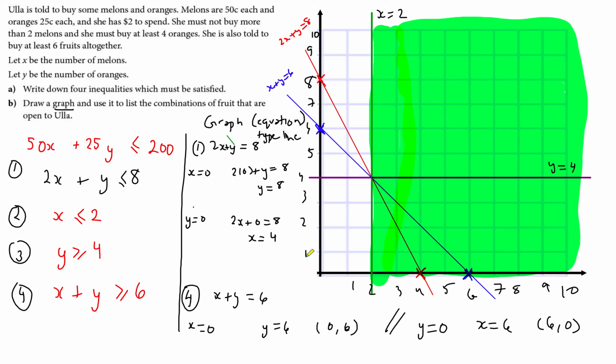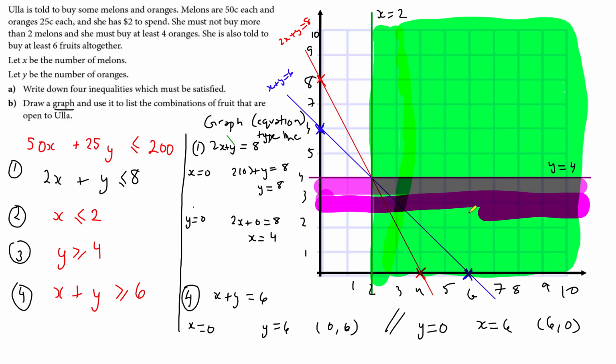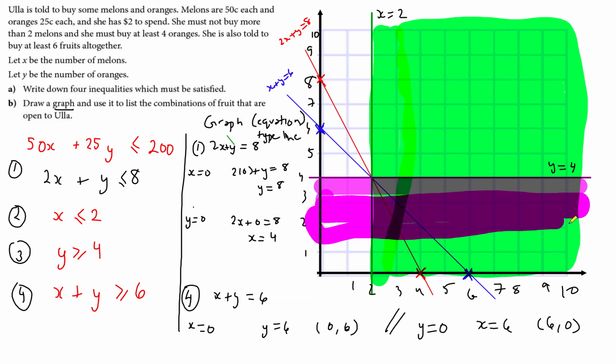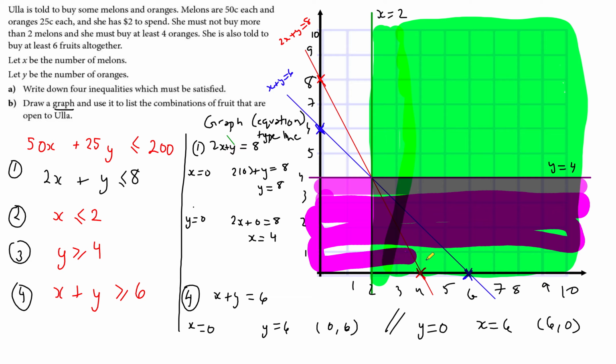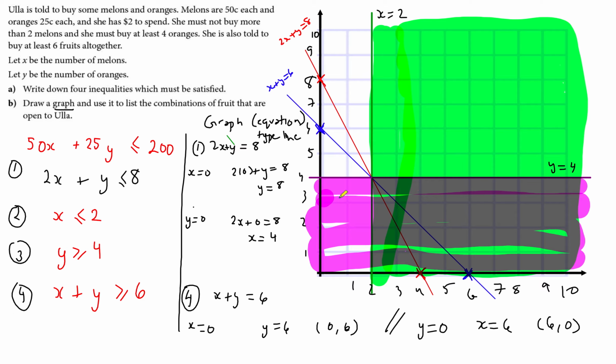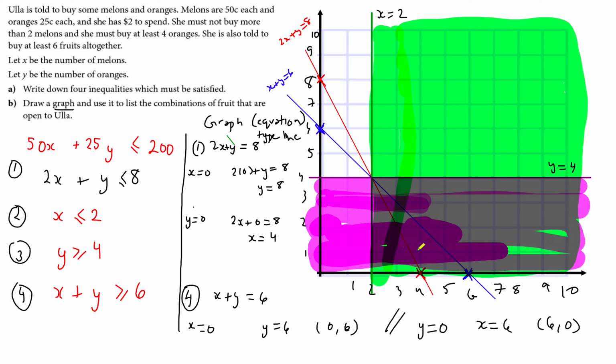So 3, 2, 1 is not allowed. She needs to buy at least 4 oranges. So she's not allowed to take anything below this line. So below this line is not included in the region. So we shade out these regions.